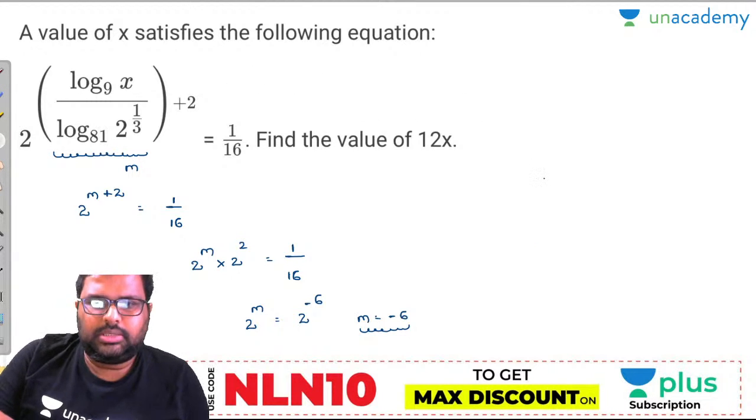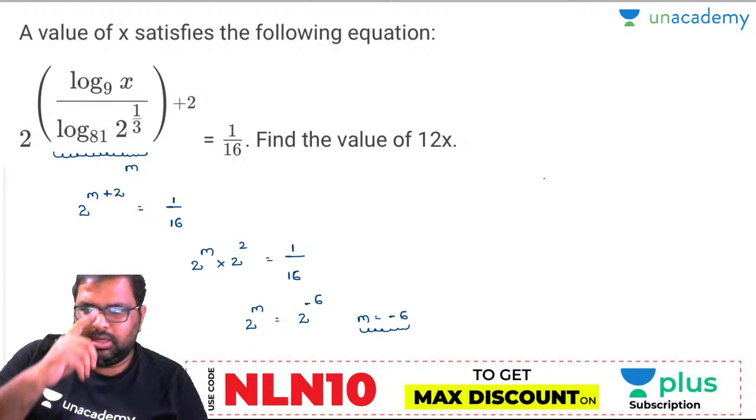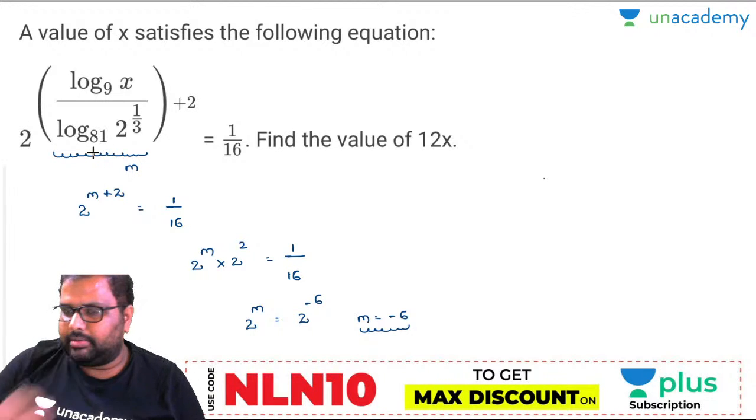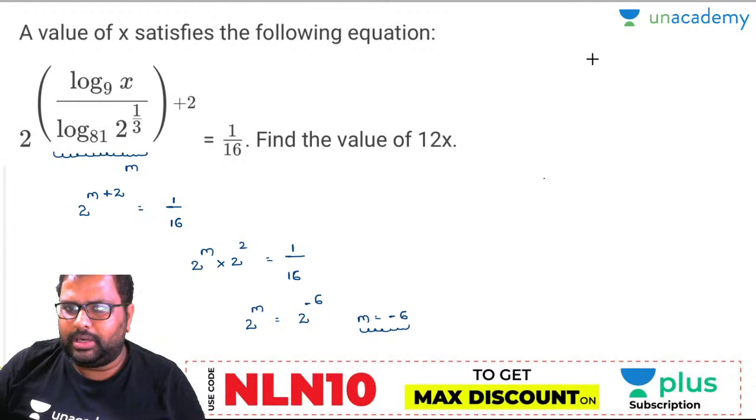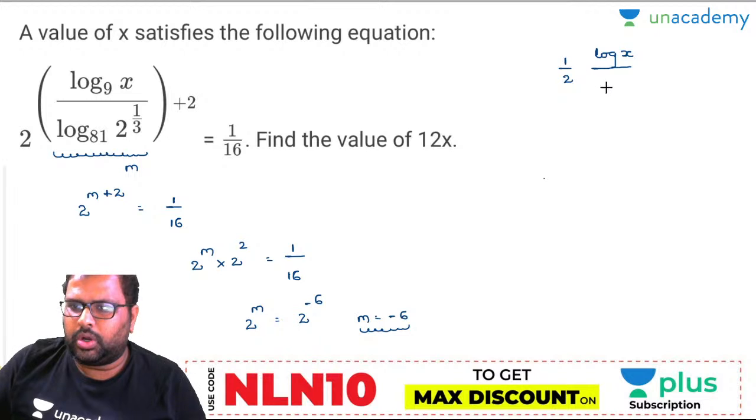Anybody? Manoj, answer. Now look, I am solving this m value here. So here I can write down the numerator log x by log 9. I can write this as 2 log 3. So finally I can write this as 1 by 2 into log 3. That is the numerator.